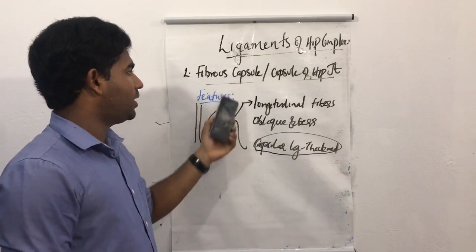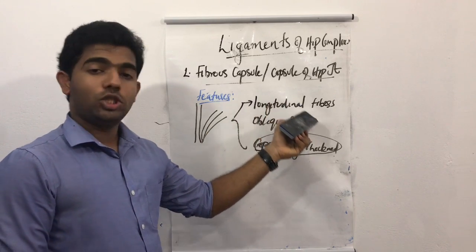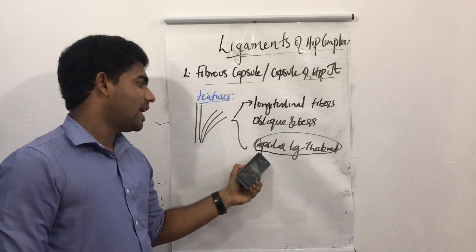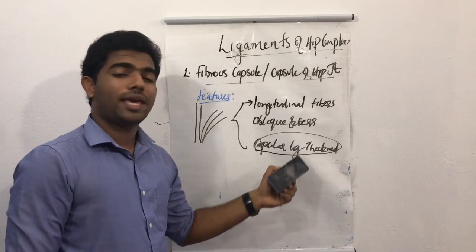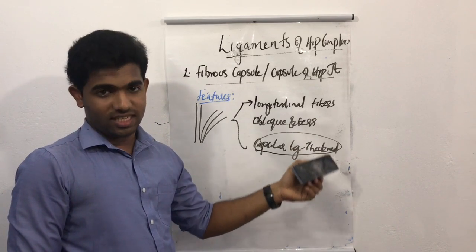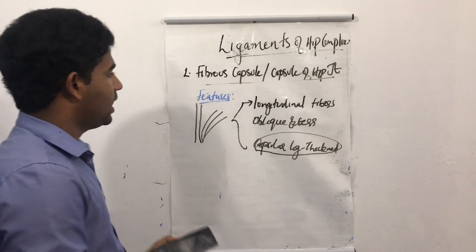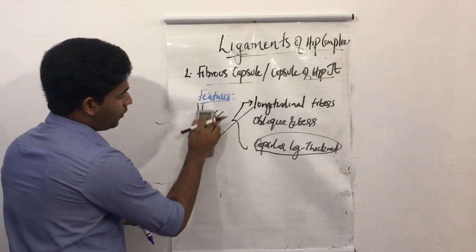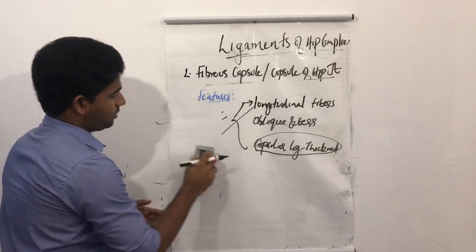So the capsule of the hip joint is made up of longitudinal fibers, oblique fibers, and also capsular ligaments, which are thickened, and we see them as thickened structures. Now the longitudinal fibers, what are the features?